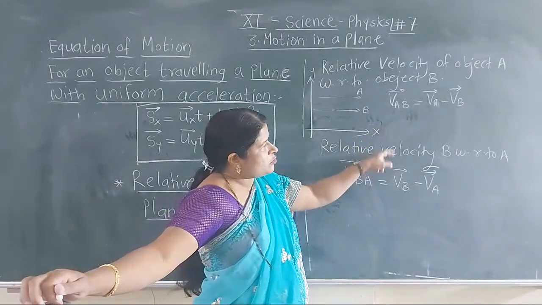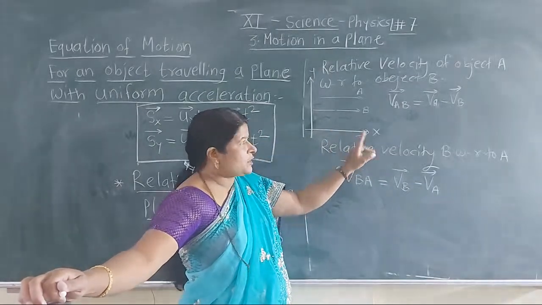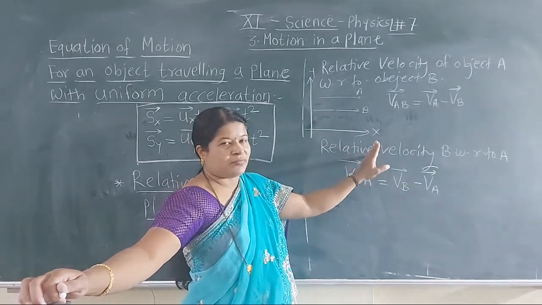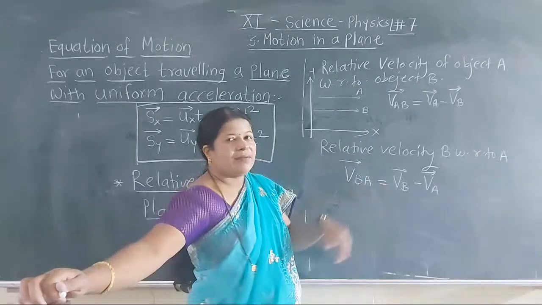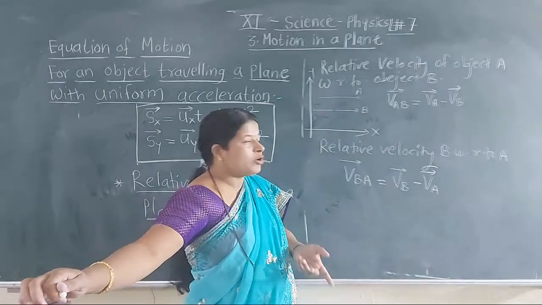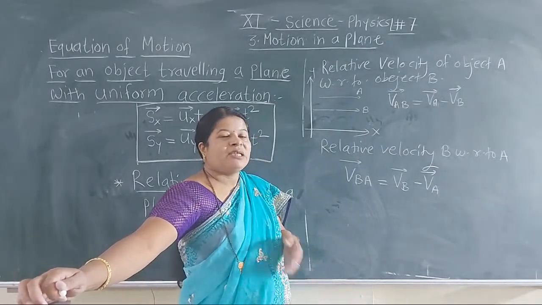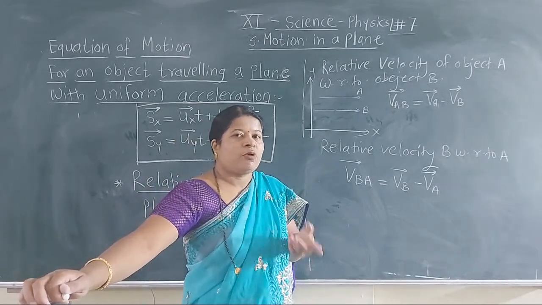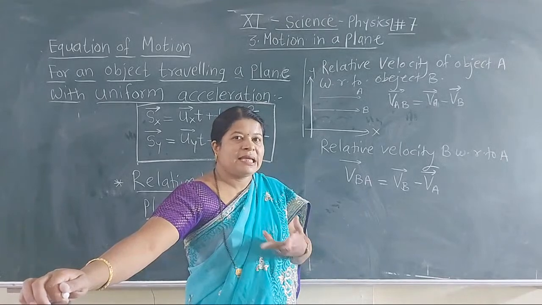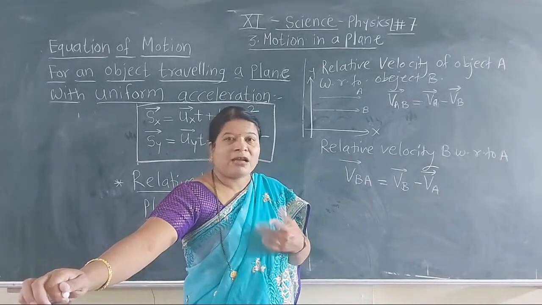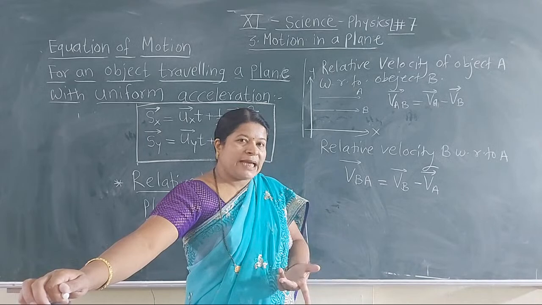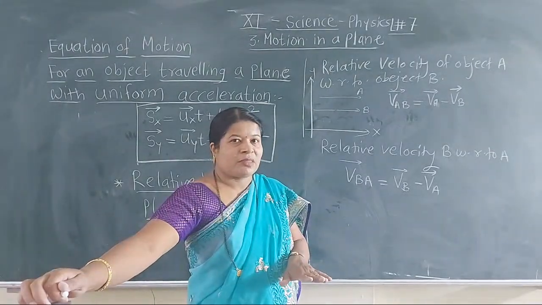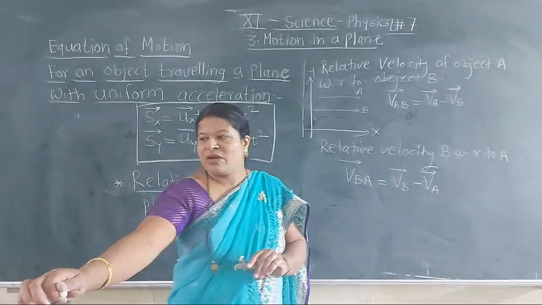Now, by these two formulas, we studied only two objects going in a similar direction. If there are more than two objects moving in relative motion, from A, B, C, D up to Z, a number of objects moving with respect to each other, then we can find their relative velocity.